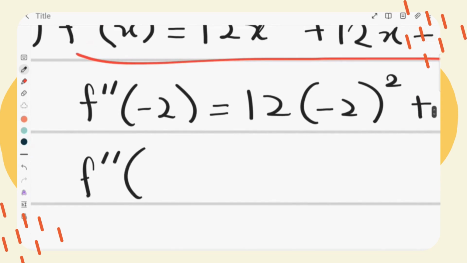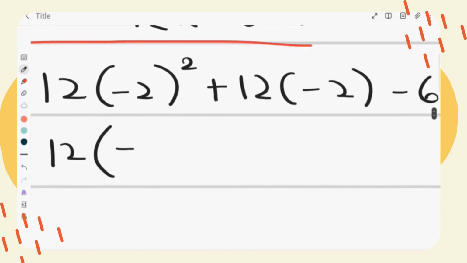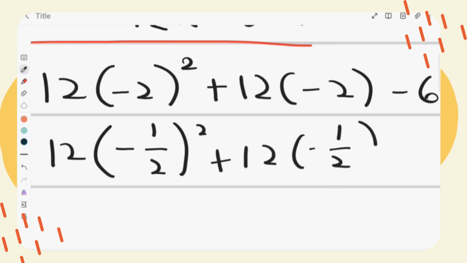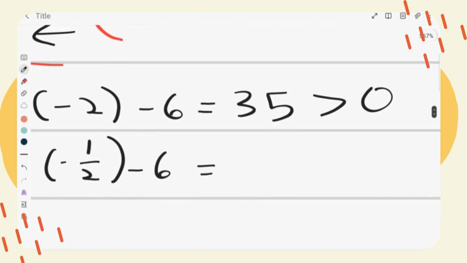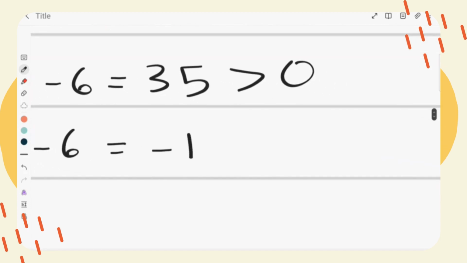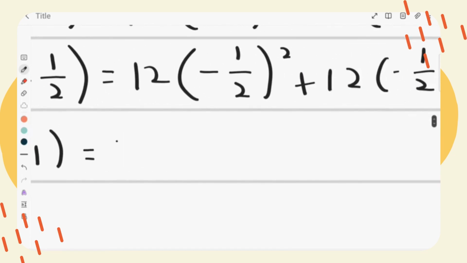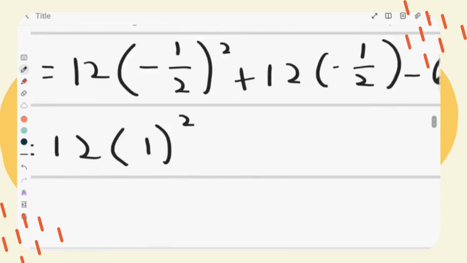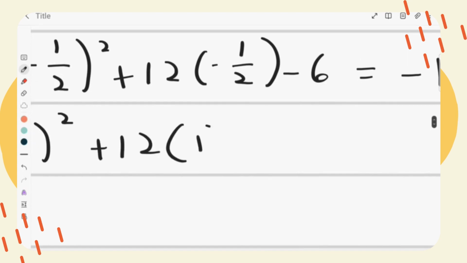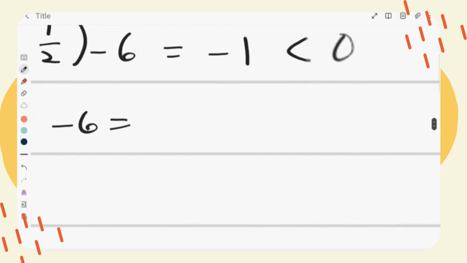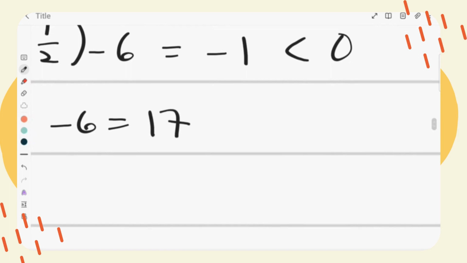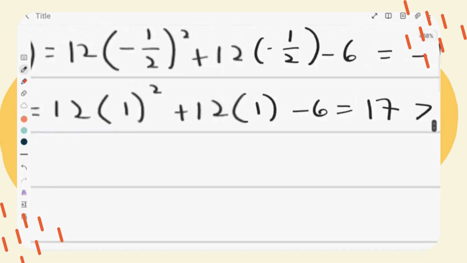Taking negative half, minus 6, and then we will get negative 1, which is less than 0. And then the last one is 1. 12 plus 12 minus 6, and then we get 18, which is more than 0.